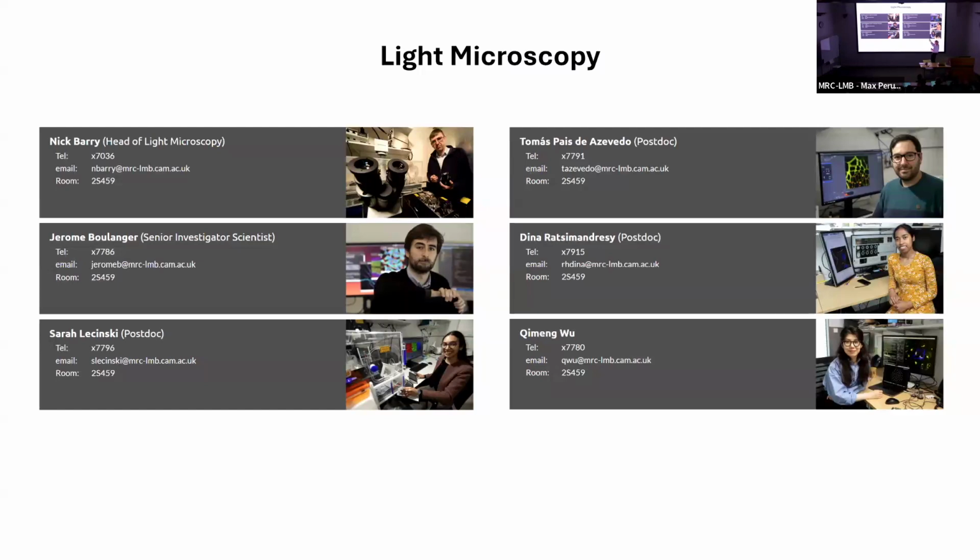Me and Sarah and Thomas are working on the microscopes. We'll train you how to use the microscopes. We keep the machines working. So please do come and have a conversation with us. And just as Pier mentioned, we are talking to each other because we need to know where things are going wrong in the analysis so that we can go back to the microscopes and fix it.